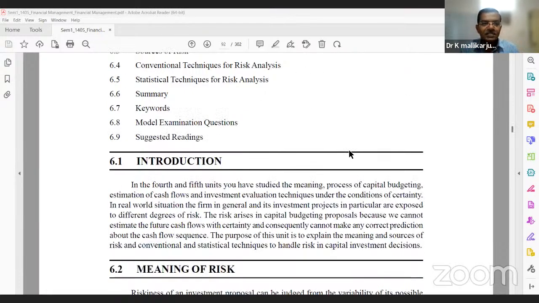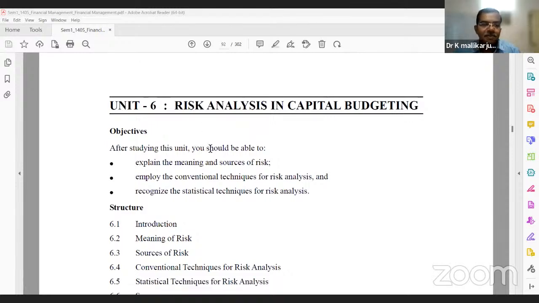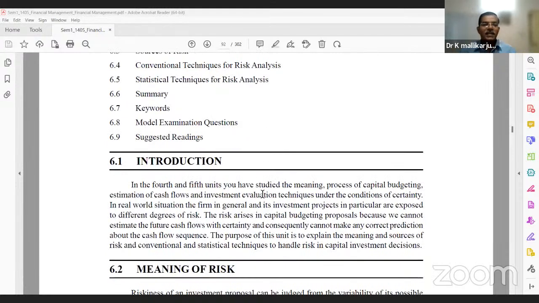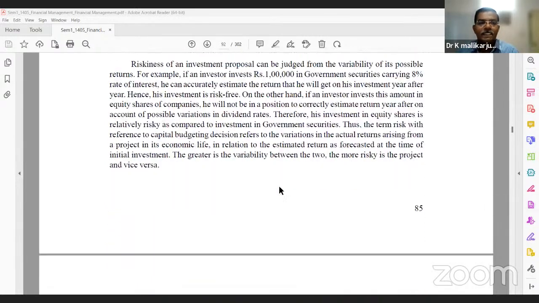So risk, in simple layman's understanding, is the difference between expected and actual. But we take a decision based on expectations. In practice, it may be correct, it may be wrong.